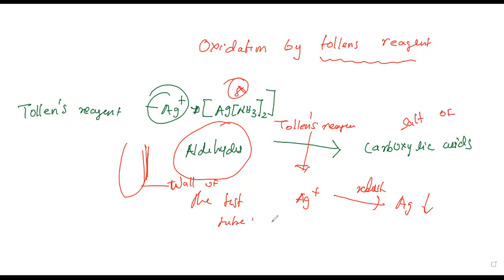What is happening? This Ag plus ion is reduced to what? The Ag as a silver mirror. That's what you can see on your test tube wall, as a silver mirror deposition. Are you all clear now?